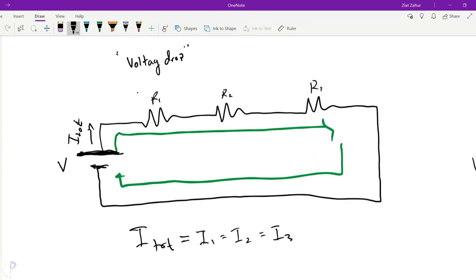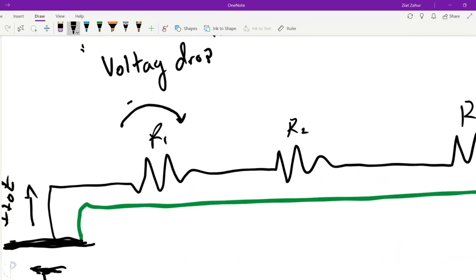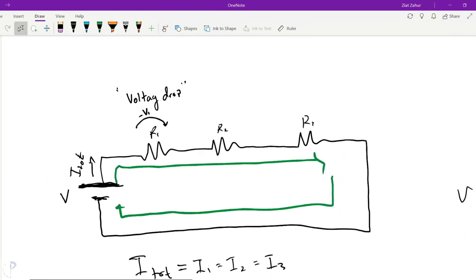As you go from one side of the resistor to the other, your voltage is going to drop by some V1 amount. And that's what voltage drop means.